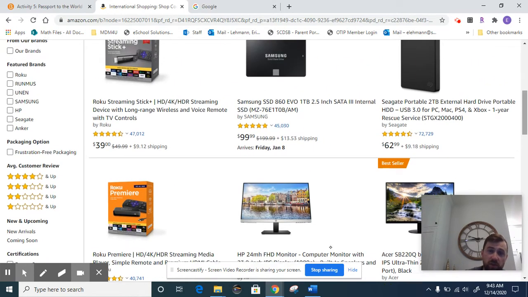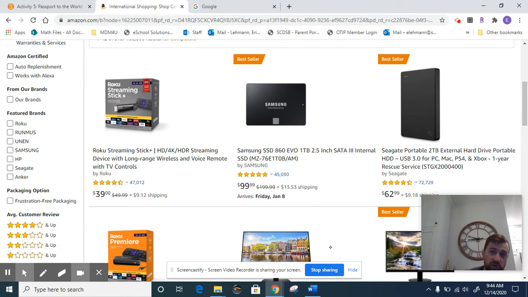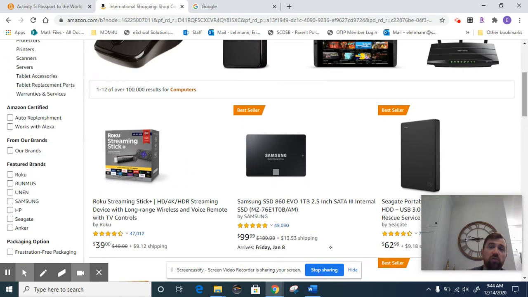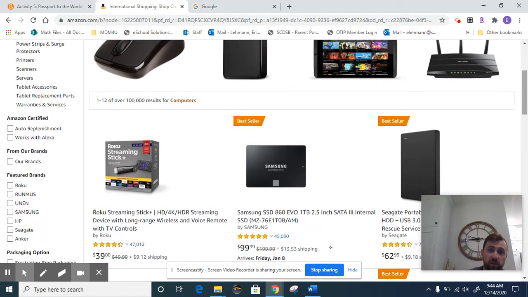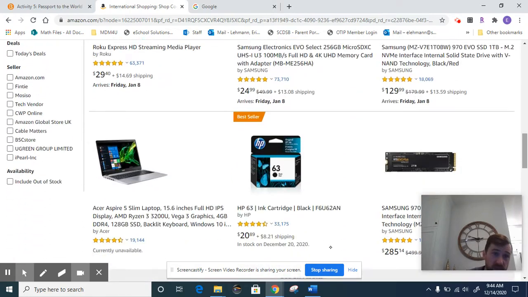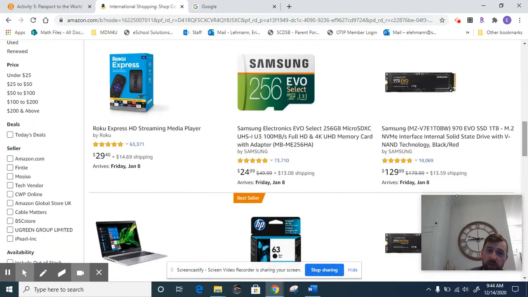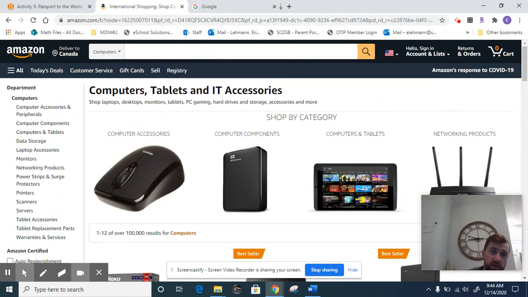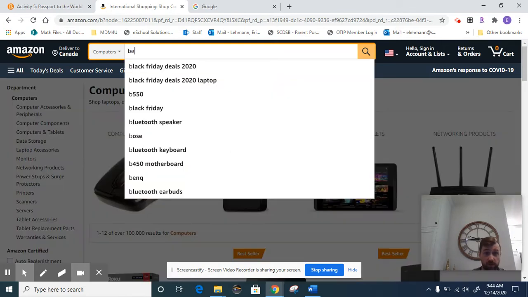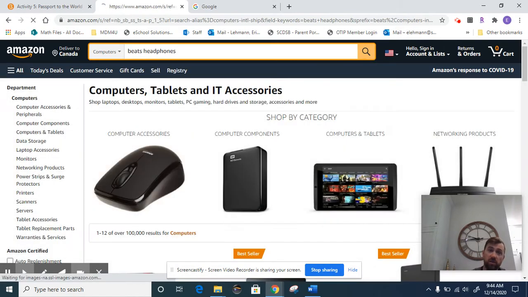So sometimes Amazon will do the conversion for you. Sometimes they won't. It's important that you know what currency things are being billed in. It might seem like a good deal. Like maybe you want to buy a computer or a laptop. What's something we might buy? I don't know, we could try Beats headphones maybe.